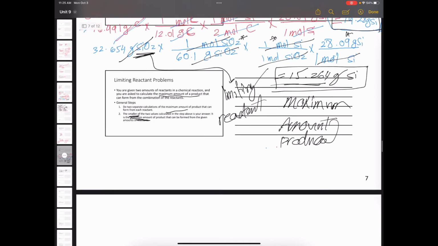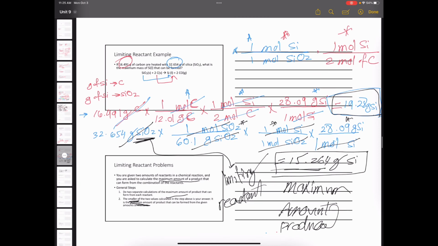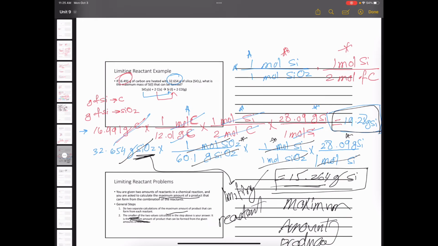Okay? Because remember, and that's something maybe I forgot to mention, when we talk about something that is a limiting reactant, on the other hand, the material that remains in a larger amount or remains in the reaction without being reacted, we call that one material in excess. So for example, let's go back to this one here. When we're talking about the silicon oxide and carbon, silicon oxide, or the silica, was the limiting reagent.